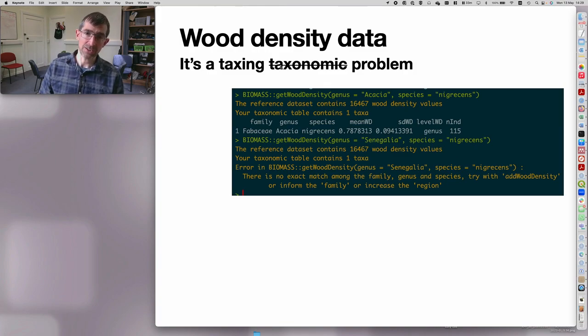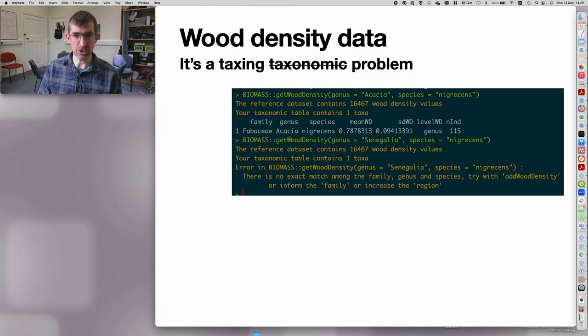Now, the taxonomic problem can become a really taxing problem if you're not careful with your names. So if you put into the biomass package, getWoodDensity, that's the name of the function, and you write Acacia nigrescens, which you might do, you get back some wood density data.